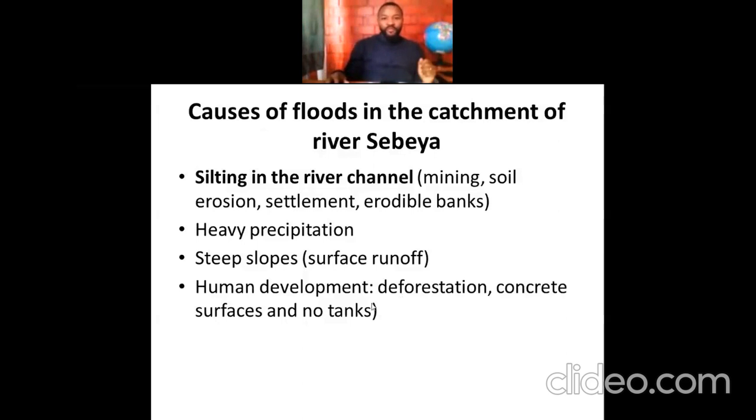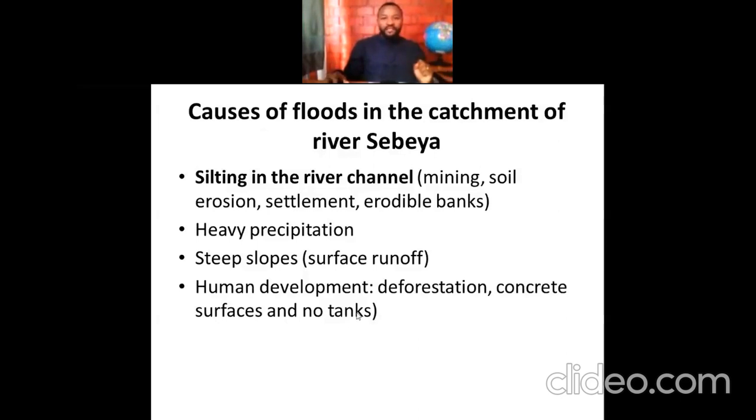Human development also caused some problems, like deforestation, which reduces interception. You understand, if deforestation happens, interception reduces, and more surface runoff will happen. They also made more concrete, increasing surface runoff and less infiltration.